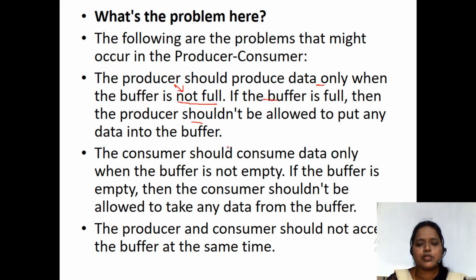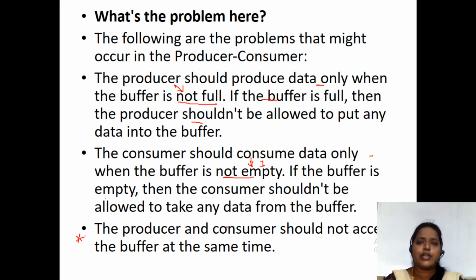The consumer should consume data only when the buffer is not empty. That means if any one slot is full, then the consumer is going to consume the data. If the buffer is empty, then the consumer shouldn't consume the data. And the third important thing is, the producer and consumer should not access the buffer at the same time. So these are the 3 restrictions that we have in the producer consumer problem.